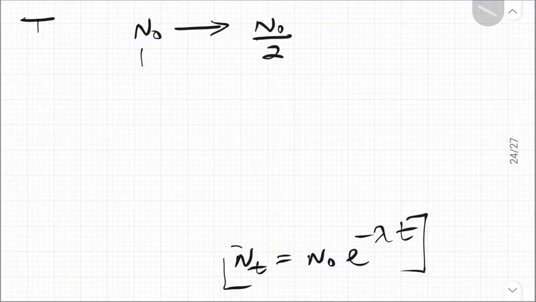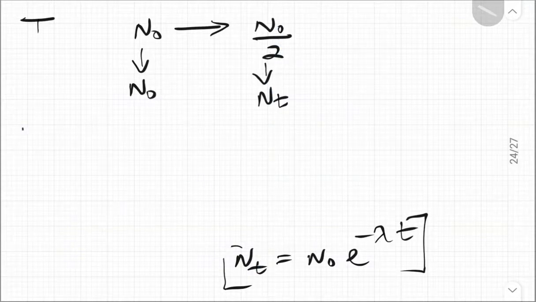So we start with N naught and we end with Nt. Let's input those values here. Nt is going to be equal to N naught over 2, because that is the final value, half of its initial.